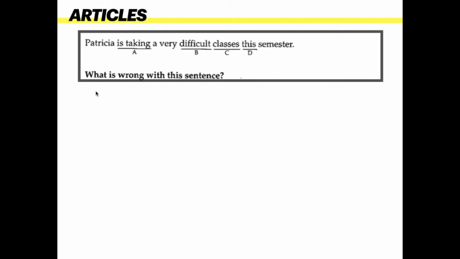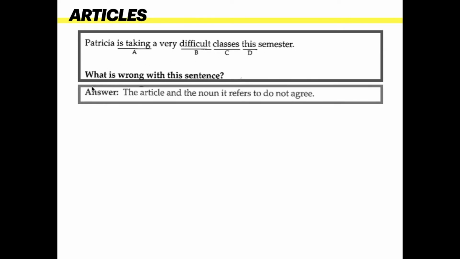Well, here's an example. Patricia is taking a very difficult classes this semester. What's wrong with this sentence? So we have an article, a, which refers to something singular, and we have a classes. You see? Patricia is taking a very difficult classes.